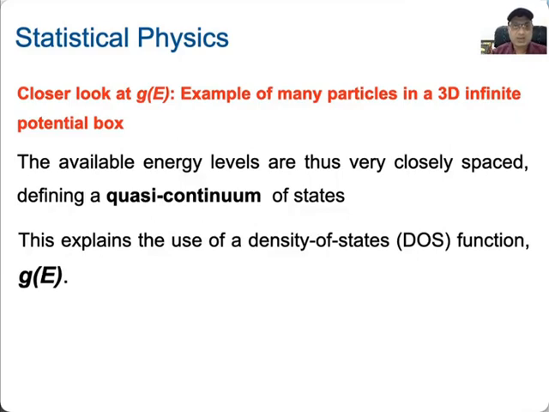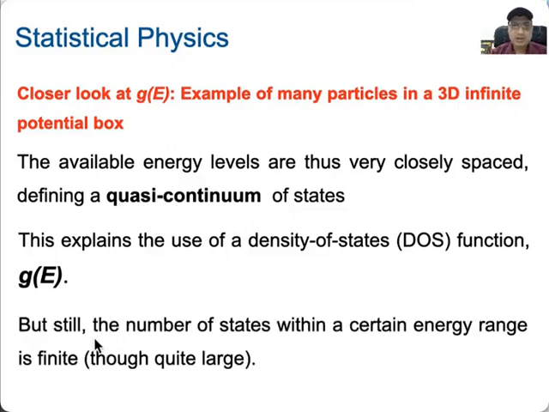If I am interested in the number of states in an energy interval of 1 eV, there will be 10 to the power 17 energy states within the energy range of 1 eV. So that's why we call these energy states a quasi-continuum of states. But we still use the quasi-continuum and not a true continuum, because the number of states within a certain energy range is finite, though quite large.